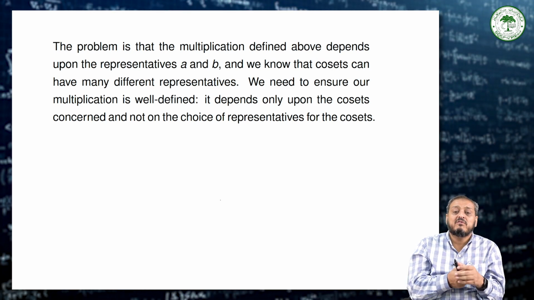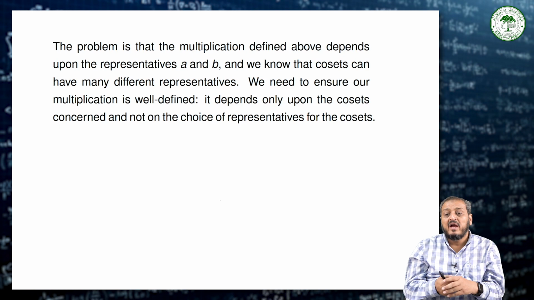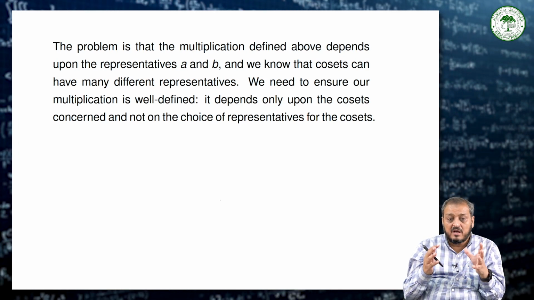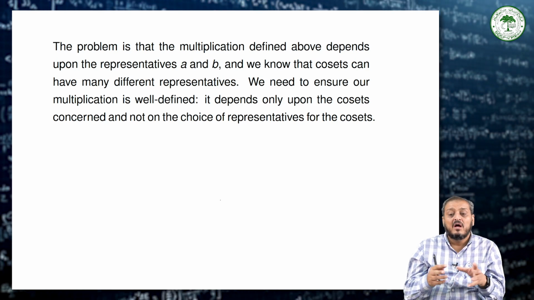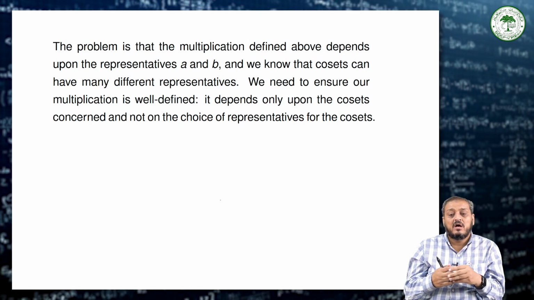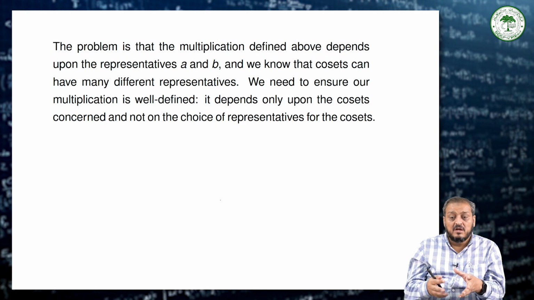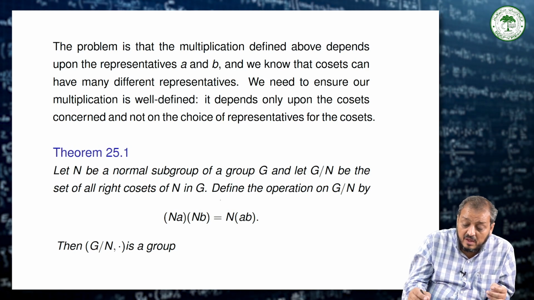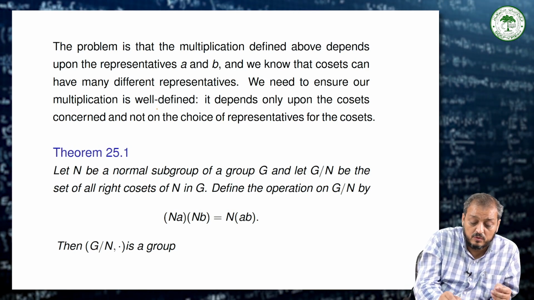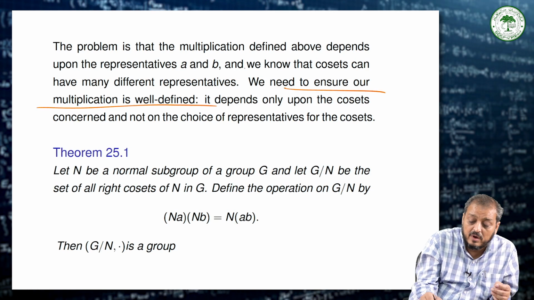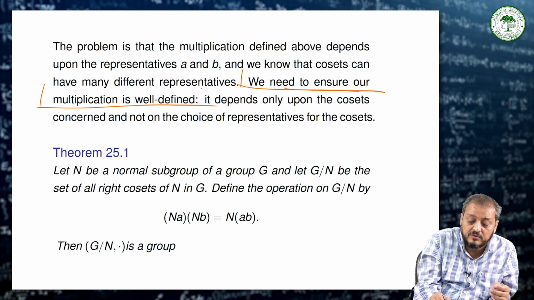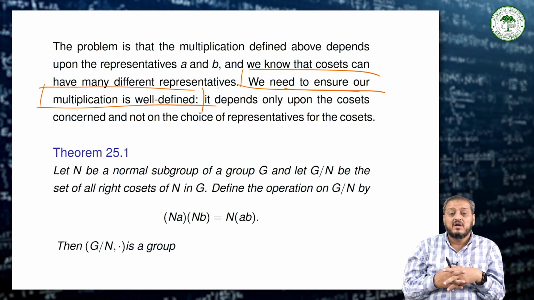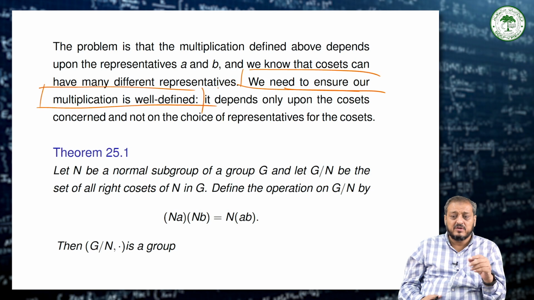We need to ensure our multiplication is well defined, that it depends only upon the cosets concerned and not the choice of representative for the coset. That is, coset multiplication is well defined.